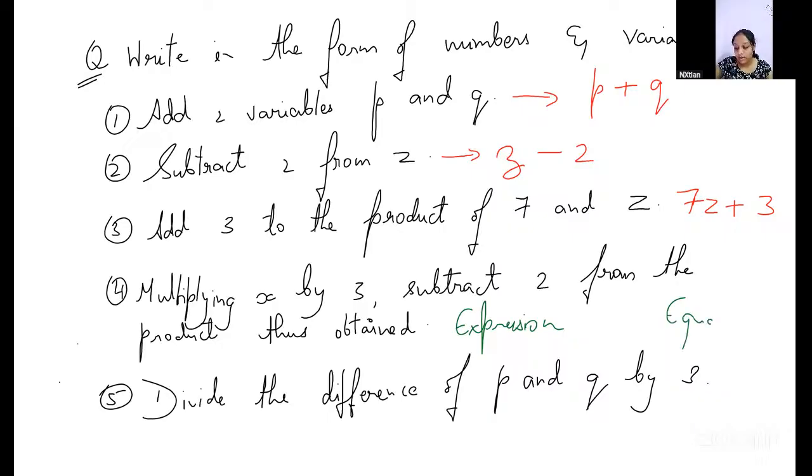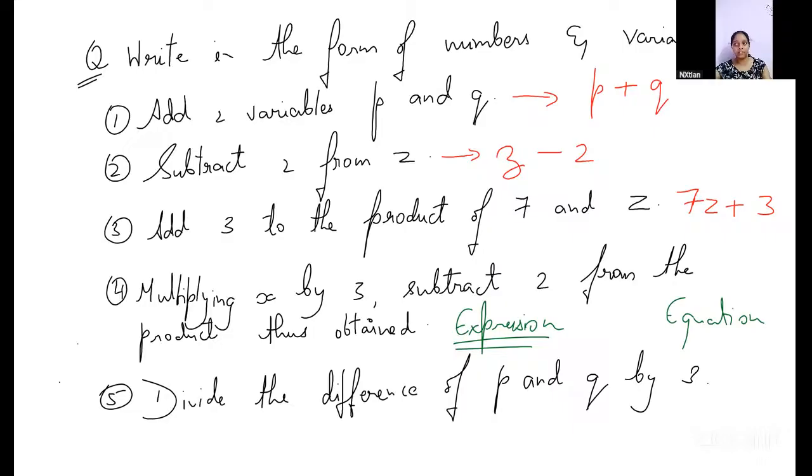Expression means that we are given a sentence and we have to explain it using number and variable. We have to express it or write it down using number and variable. Whereas in equation, it is a complete set of numbers and variables where you have to find out what variables are missing.